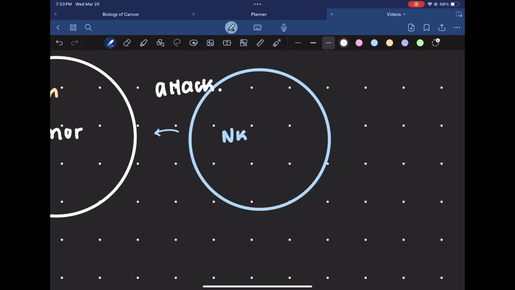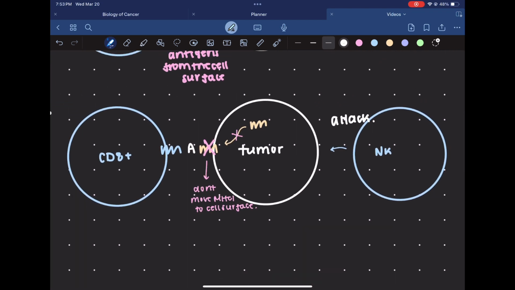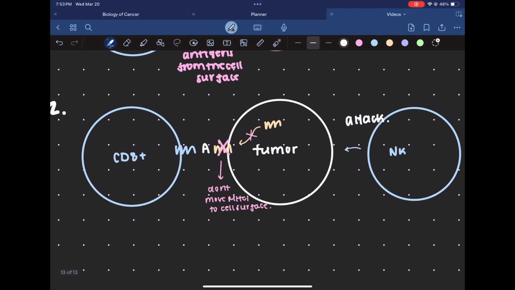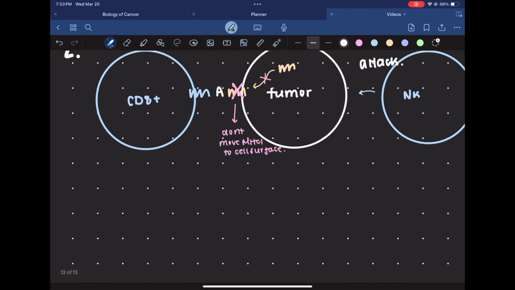So this is going to protect us from our CD8 plus cell type, but it's not going to protect us from our NK cells. Okay. Moving on to our third tactic.